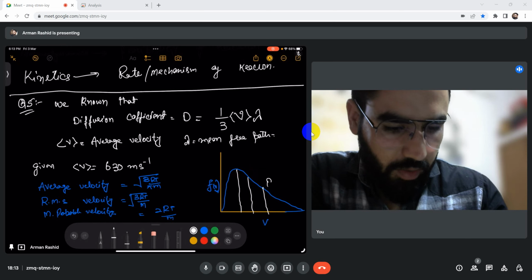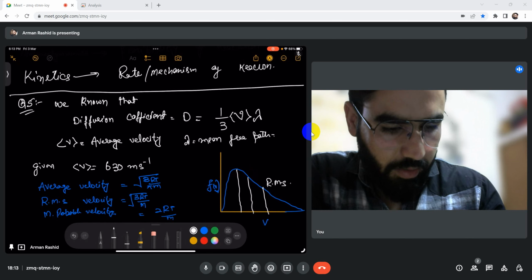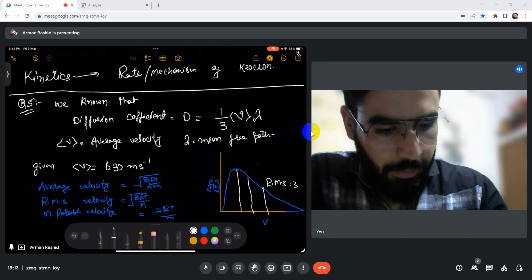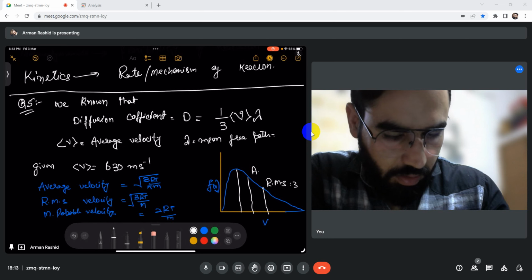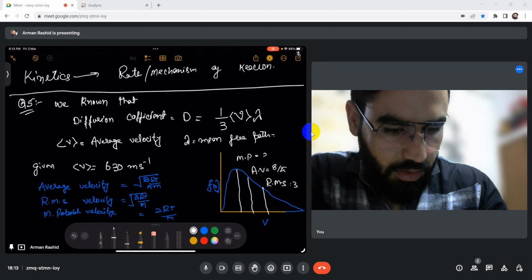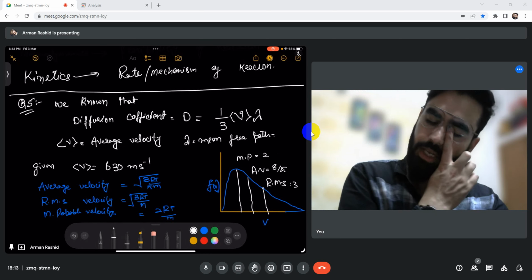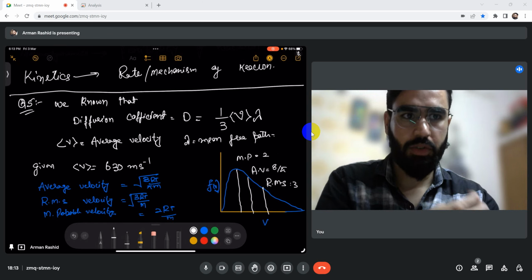This is the root mean square velocity, the square root of 3 RT by m. This is the average velocity, with 8 by pi. And this is the most probable velocity, the square root of 2 RT by m. So here we are concerned with the average velocity. We know these quantities, right?